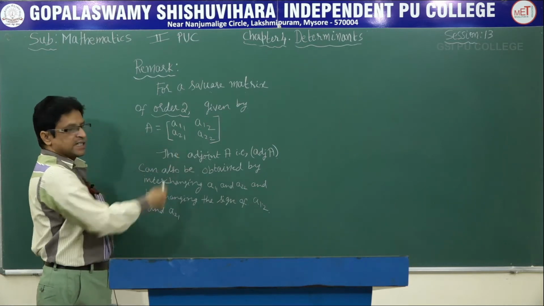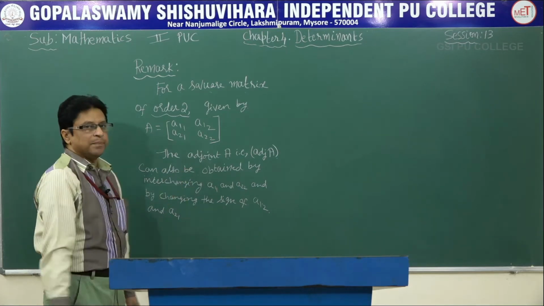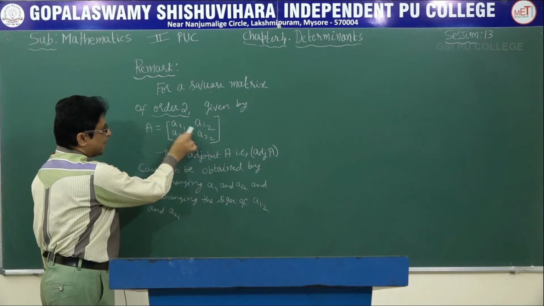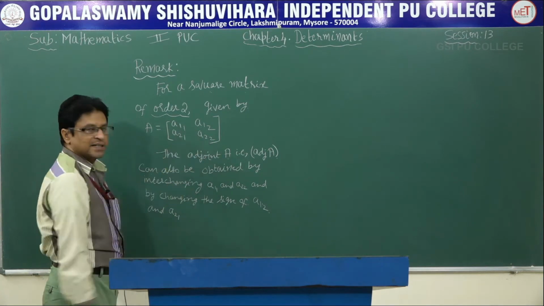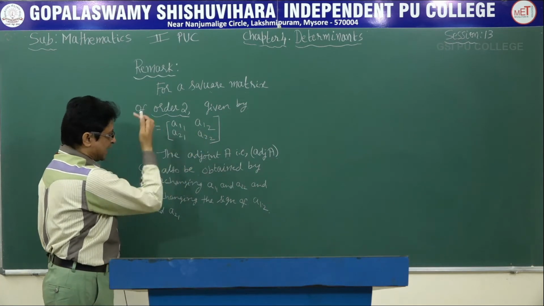That means if it is a square matrix of order 2, adjoint A can be easily found by interchanging the principal diagonal elements and changing the sign of the other diagonal.